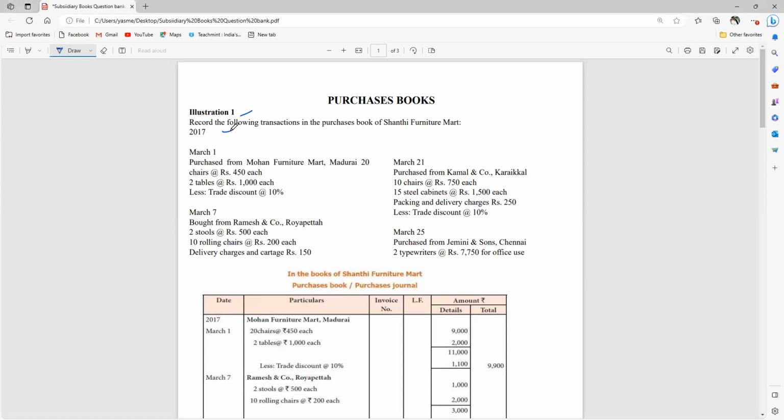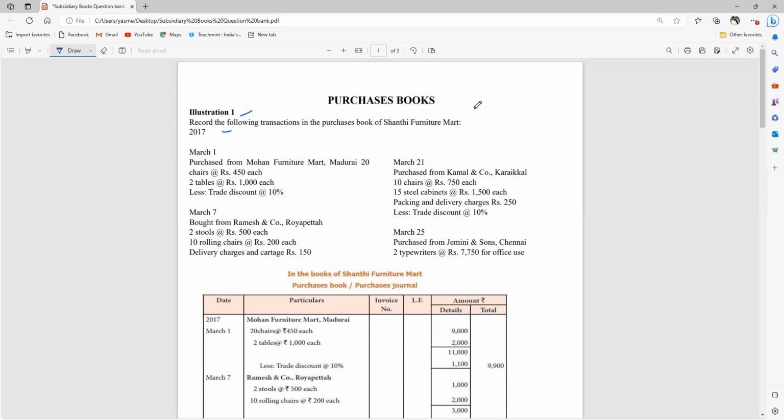When we are recording purchases book, sales book, purchase return and sales return, we are considering two basic rules. One is that no cash transaction should be recorded.